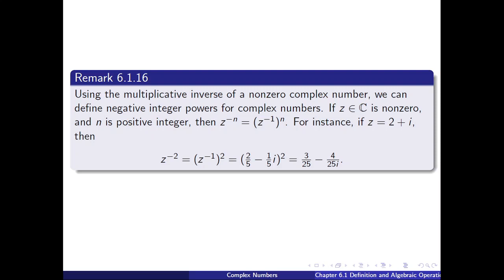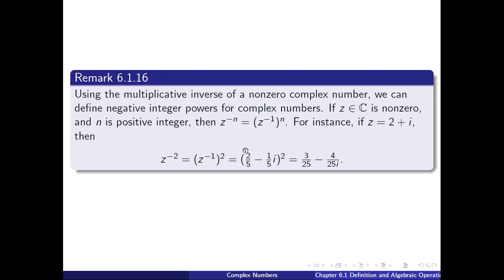If z is a non-zero complex number and n is a positive integer, then z to the minus n is the inverse of z to the power n. So what it simply means is, if you want to find this, you start by finding the inverse of z, and then you can multiply that inverse n times to get z to the minus n.